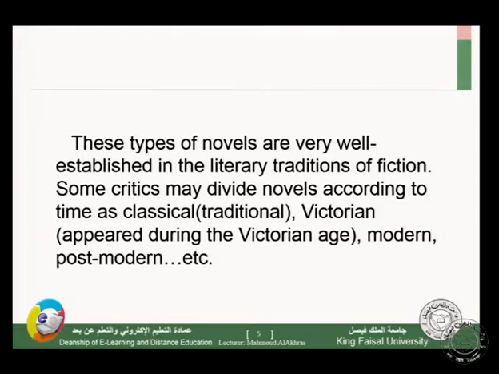These types of novels are very well established in the literary traditions of fiction. Some critics may divide novels according to time.